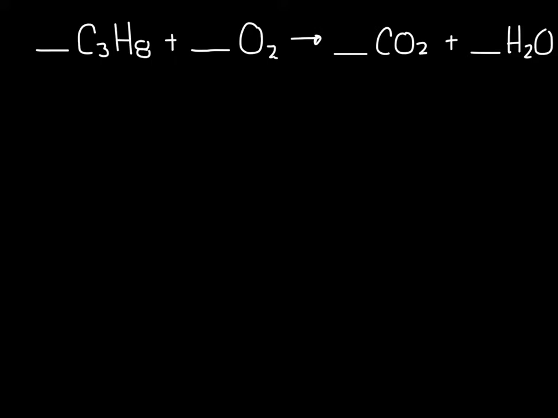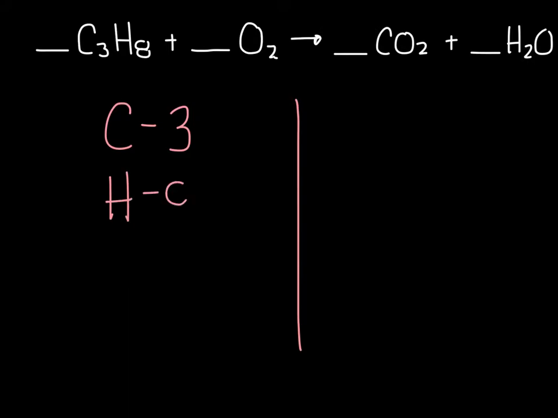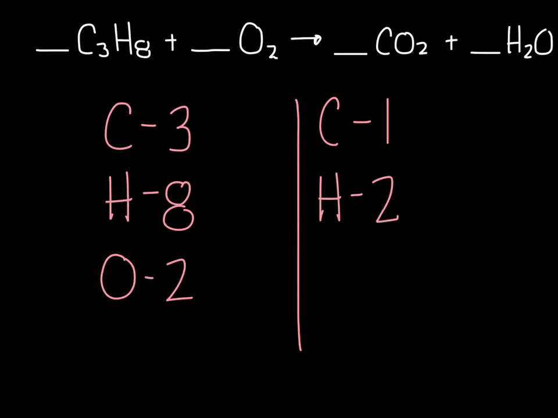The first thing that we're going to do is to make our list of how many of each element that we actually have. We have 3 carbons, 8 hydrogens, and 2 oxygens on the left-hand side. On the right-hand side, we have 1 carbon, 2 hydrogens, and a total of 3 oxygens on the product side.